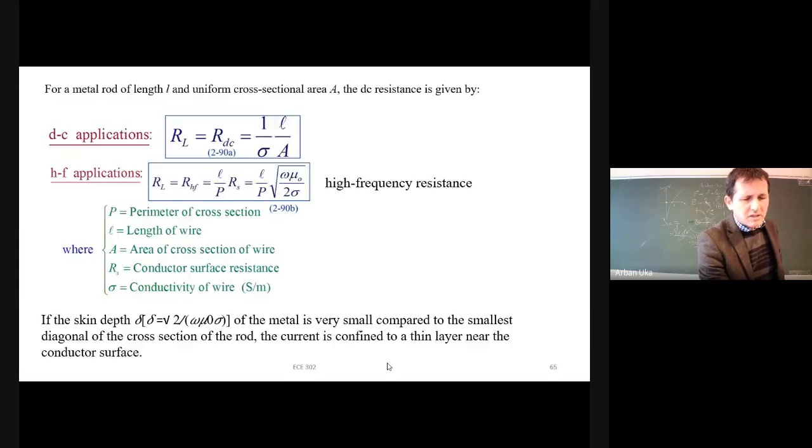Now, this note, you can have a look. If the skin depth of the metal is very small compared to the smallest diagonal of the cross-section of the rod, the current is confined to a thin layer near the conductor surface. The components of an antenna are conductors, but most of the time the skin depth is very small, because we know that inside the conductor, the electric field and magnetic field components are all zero.